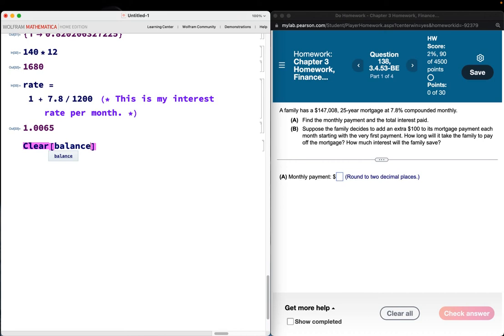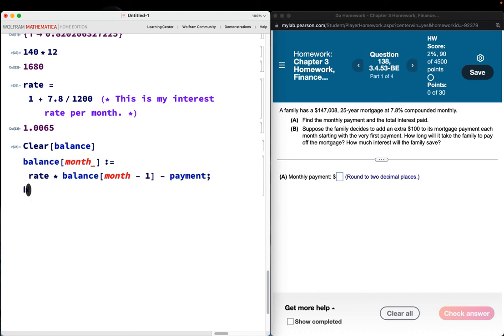So, clear balance, because I want to use this again, or redefine the function. So balance of month, that's going to be my rate times the balance of the previous month, minus my payment. And I don't know what my payment is going to be yet.